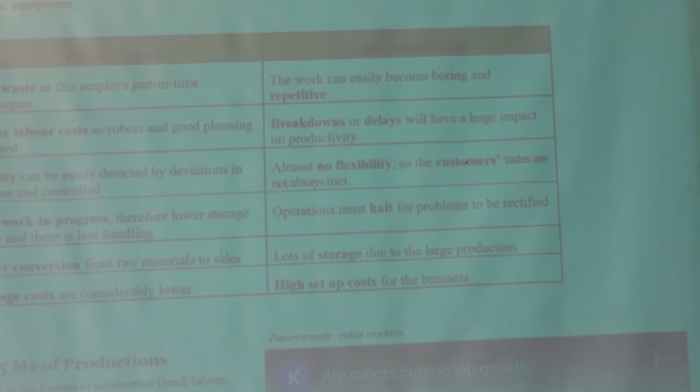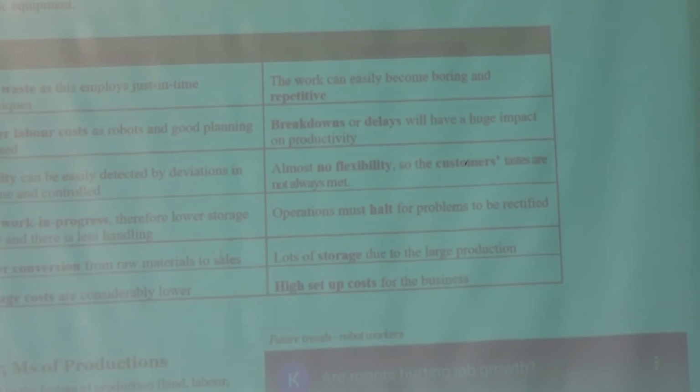So those are the three types. We'll call them job, batch, and flow production. Job production, usually individual skilled. Batch production, still skilled like a baker, but slightly less customized, though still pretty differentiated in terms of the kind of product.